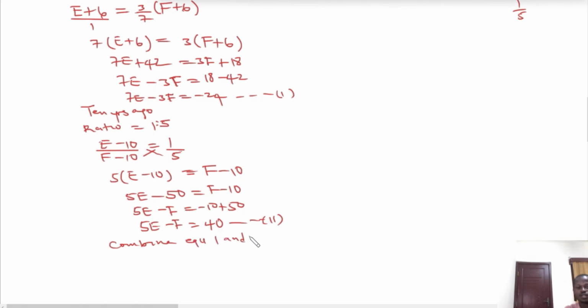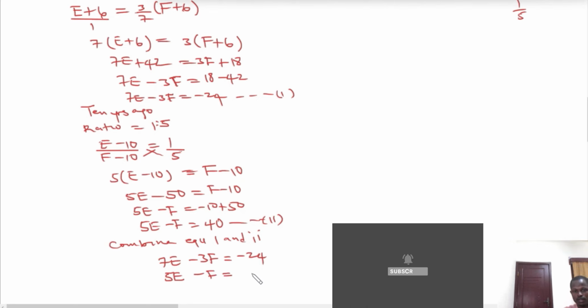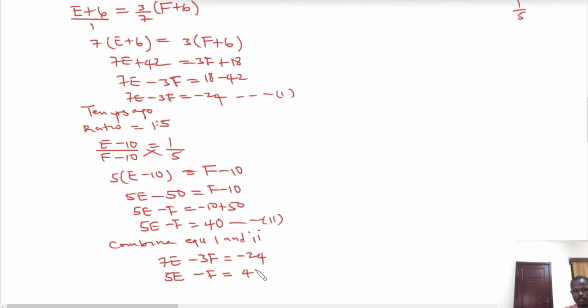And solve it simultaneously. So equation 1 says 7E minus 3F is equal to minus 24. And then equation 2 is 5E minus F is equal to 40 here.